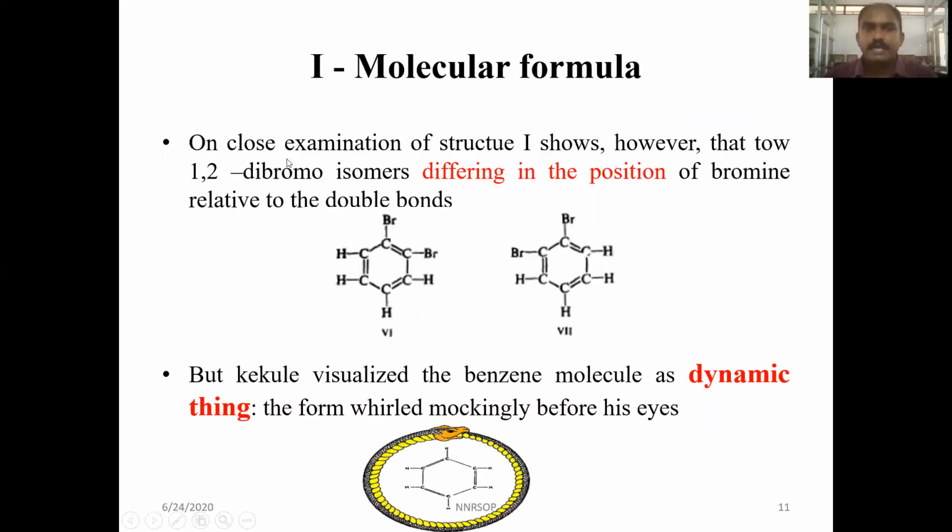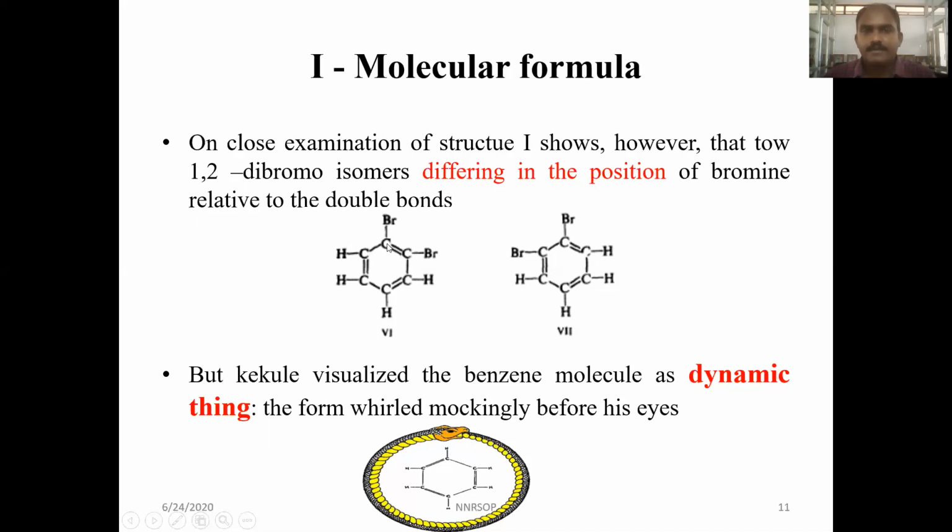On close examination of the structure, there is the 1,2 dibromo structure. There is a chance of writing another format, that is, it can be written in this format also. If you observe, the bromine atoms bearing carbons are different.